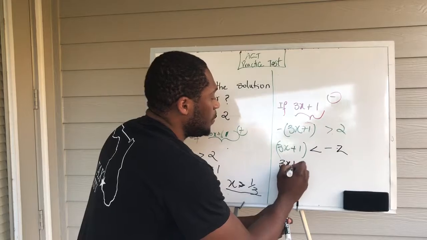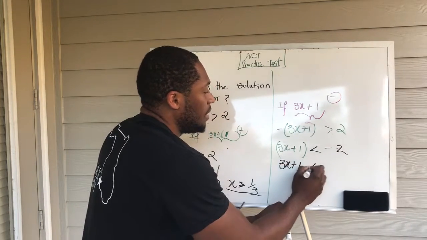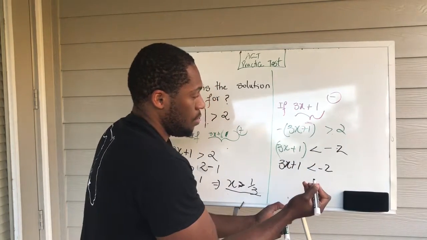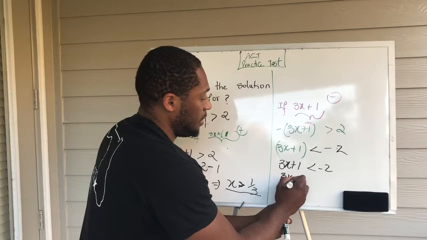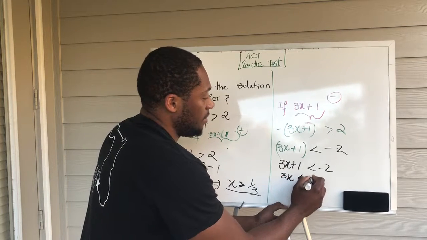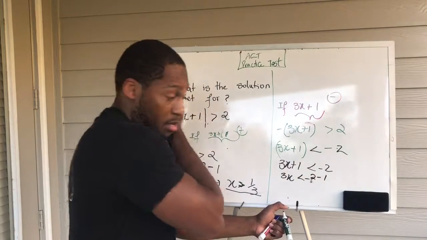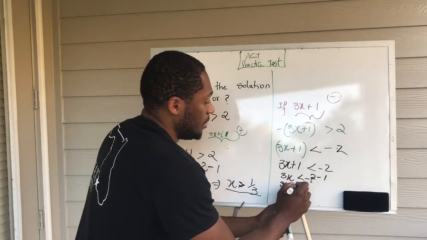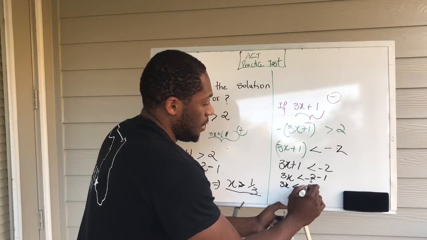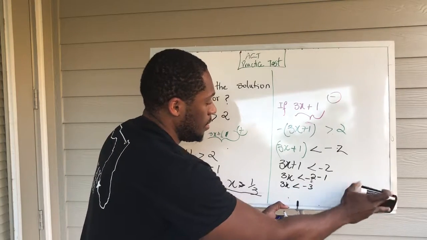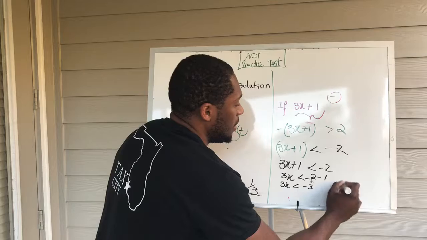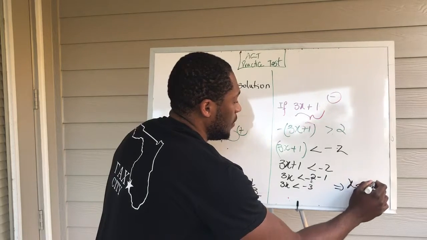So we get 3x plus 1 is less than negative 2. 3x is less than negative 2 minus 1, so 3x is less than negative 3. That implies x is less than negative 1.